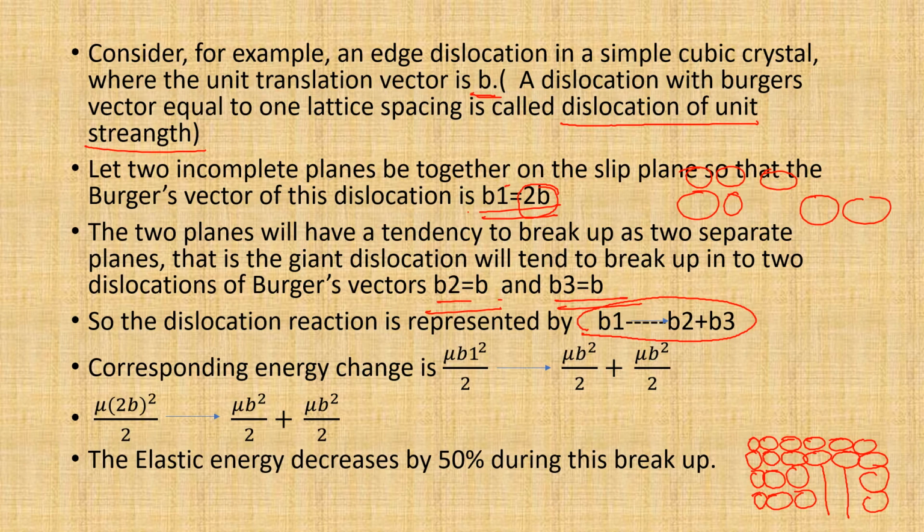The corresponding energy is given by mu B1 square by 2 gives mu b square by 2 plus mu b square by 2. Substituting the values, this is mu (2b) square by 2 gives mu b square by 2 plus mu b square by 2.